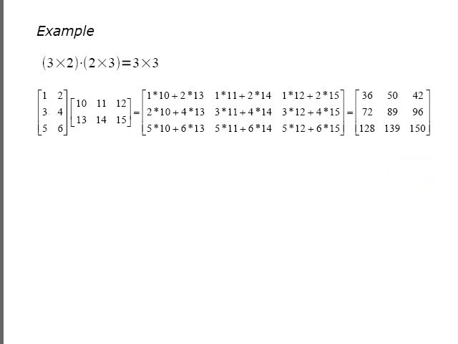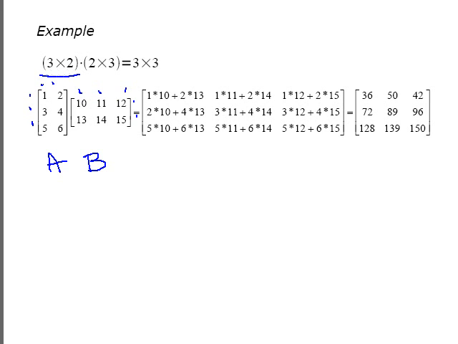Here's an example. You might not know how to do this at this point, but by the end of the lecture you'll know how to do this kind of multiplication. Okay, so what we have is two matrices. We could call them A and B, just to give them names. A is a 3 by 2 matrix, 3 rows and 2 columns, and B is a 2 by 3, 2 rows and 3 columns.